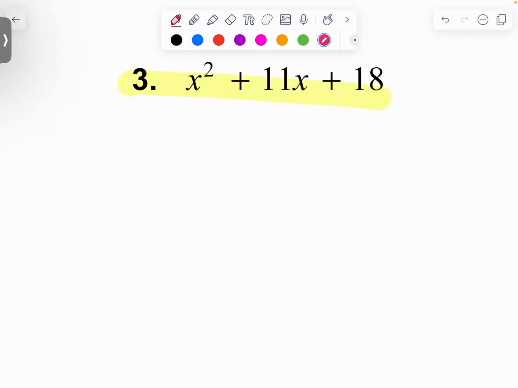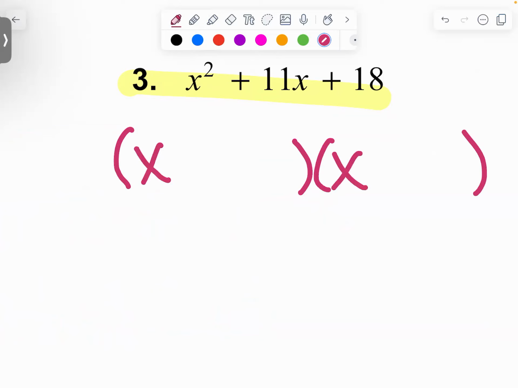Okay, Jacob, what do you have for number 3? 2 numbers that multiply to 18 and add to 11. So 18 is even. 9 and 2. There we go.